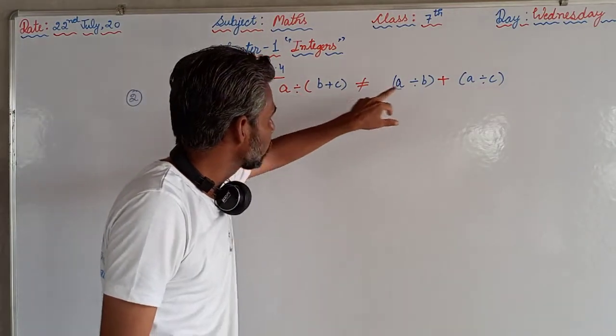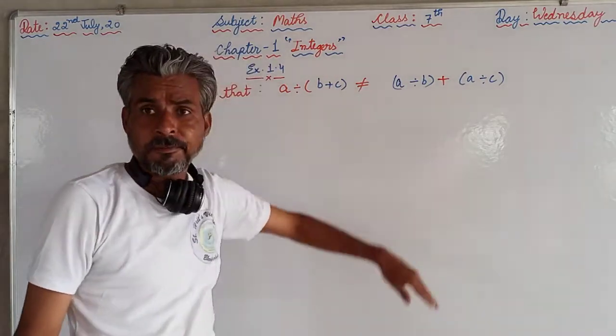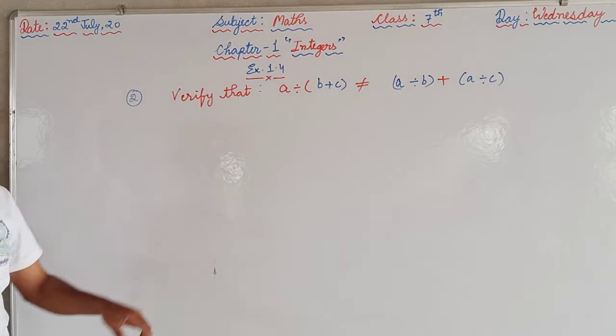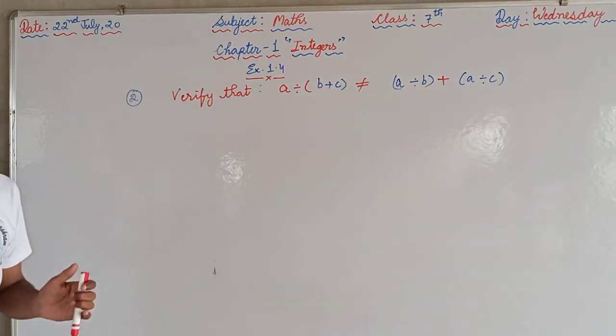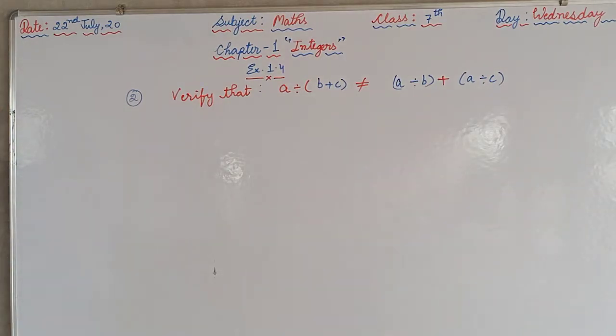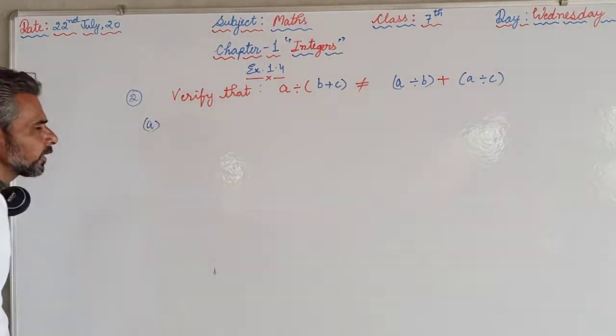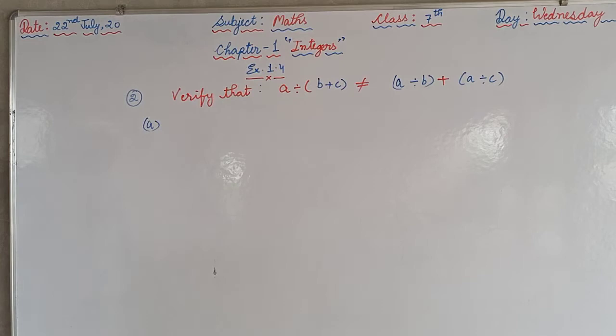If there were multiplication here, it could be valid, but this is the division sign, so that is not possible. Here we have to verify with the given values of A, B and C. In the A part, two parts are given. The A part we will solve here and the B part will be in the homework.